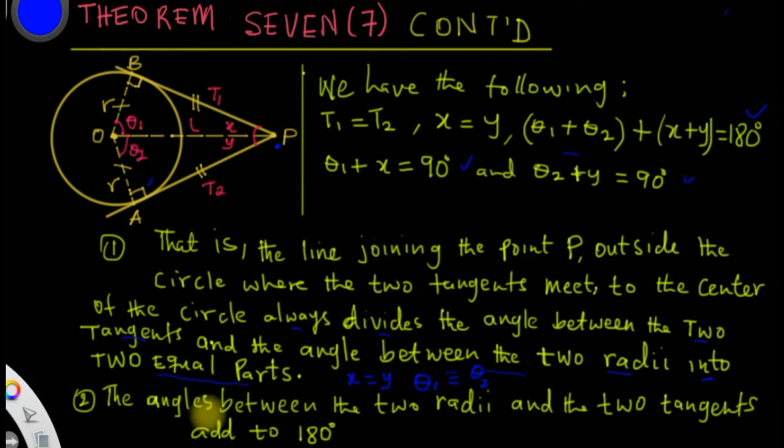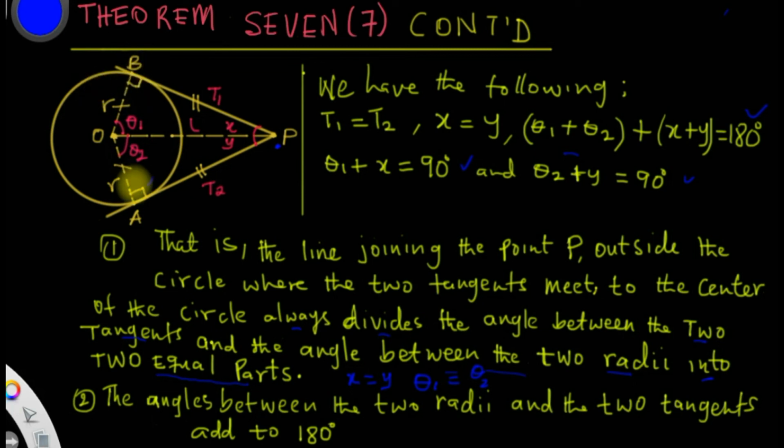And then we are saying that the angles between the two radii and the two tangents add up to 180 degrees. The angles between the two radii, this angle and this angle, add up to 180, because we have already said this is 90 and this is 90, and 90 plus 90 gives you 180. But don't forget, this one is a quadrilateral.